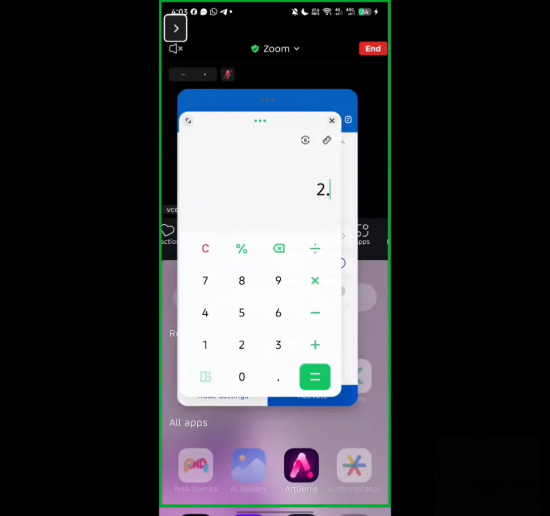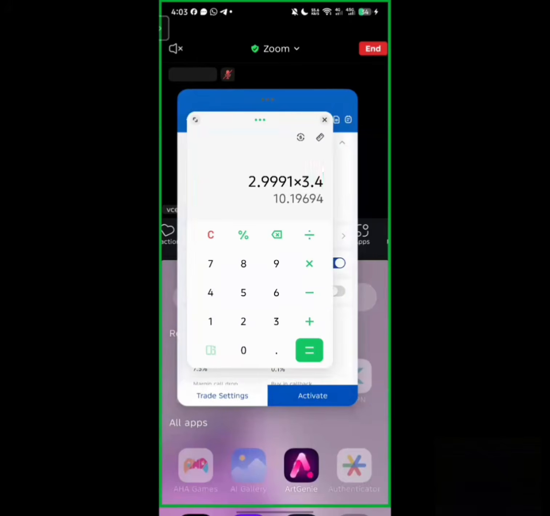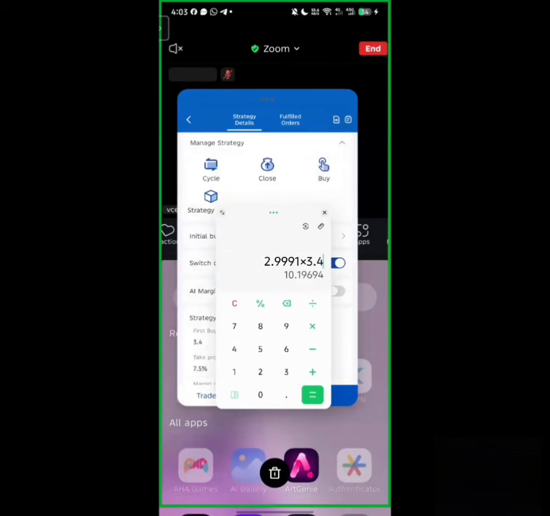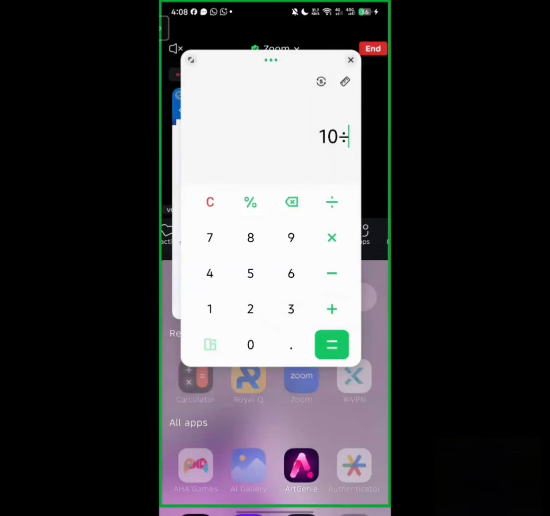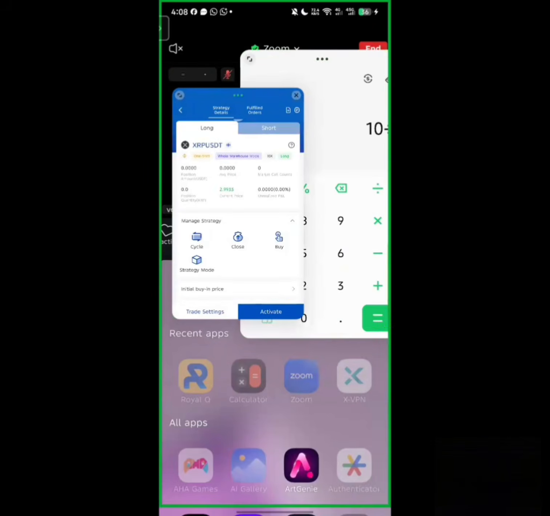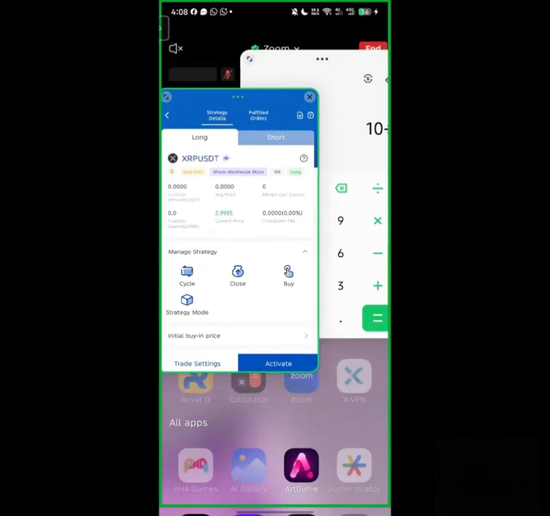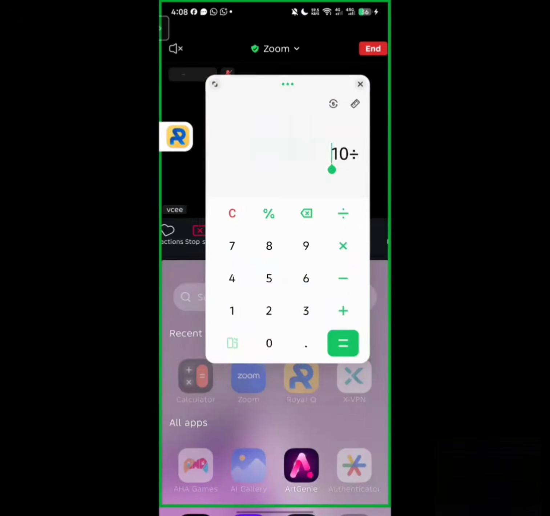2.9991 times 3.4. Can you see? This is another calculation for those that don't have the feature of XRP converting to USDT. You can use this, but you have to bring out your calculator. You just take the current price of the coin here, which is 2.9935. You say you want to use $10 to buy the coin.